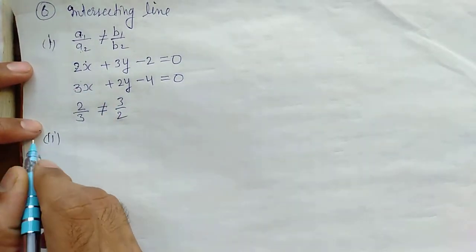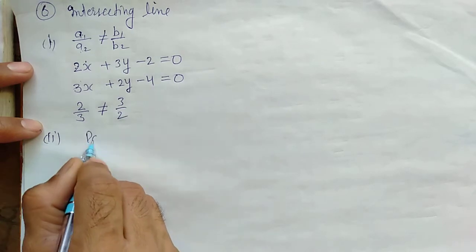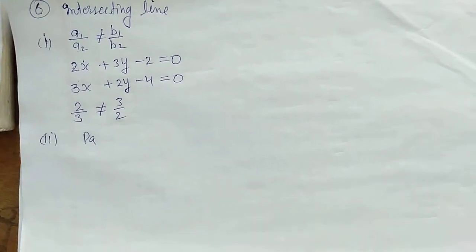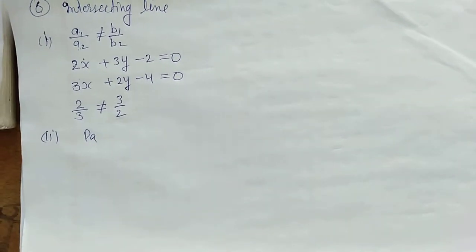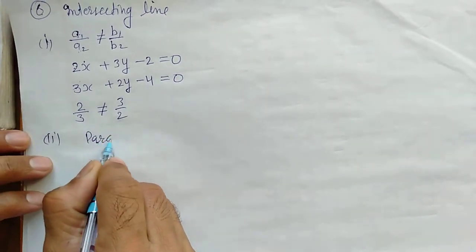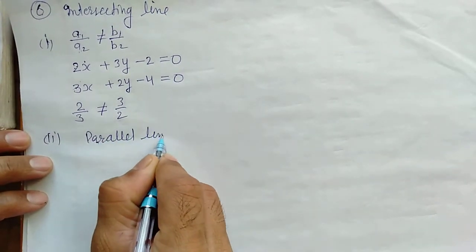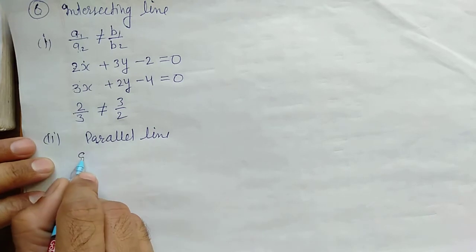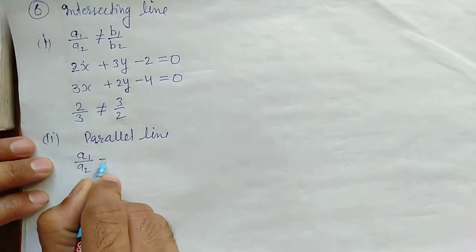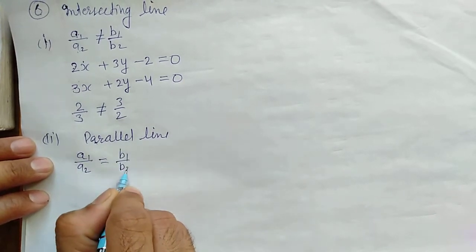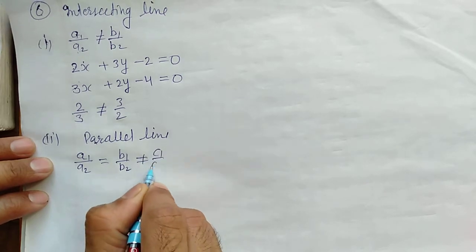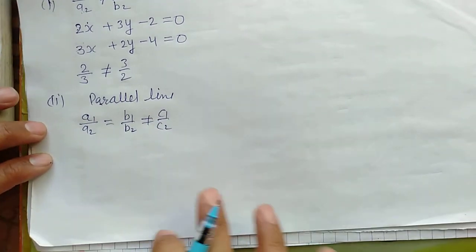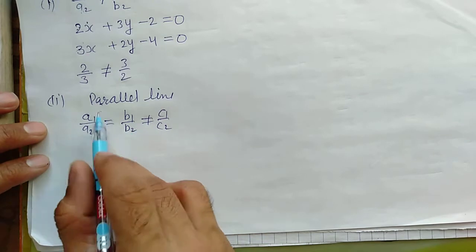The second example is asking for parallel lines. As we know the condition, a1 upon a2 should be equal to b1 upon b2 but not equal to c1 upon c2. So here these two coefficients we will have to take the same.